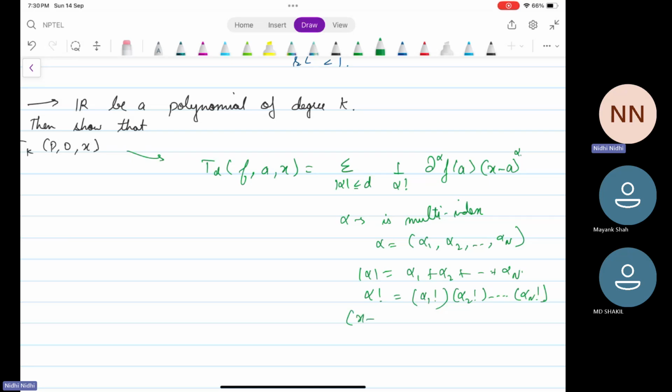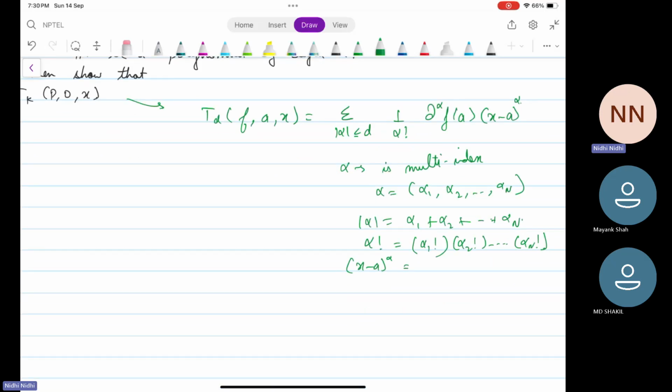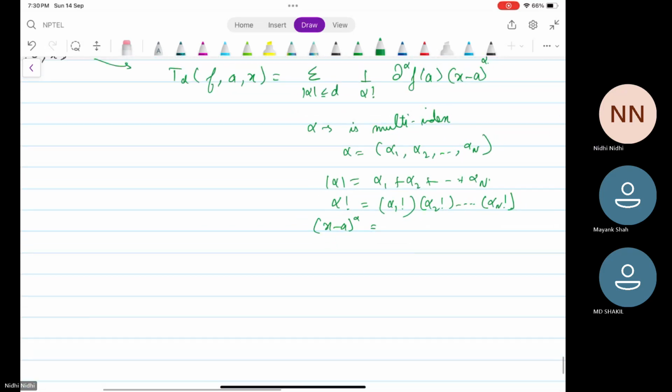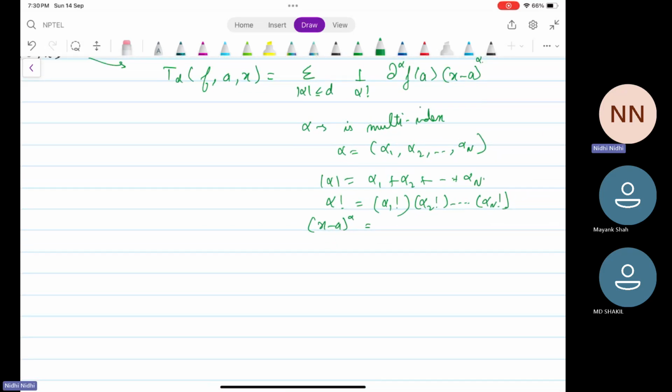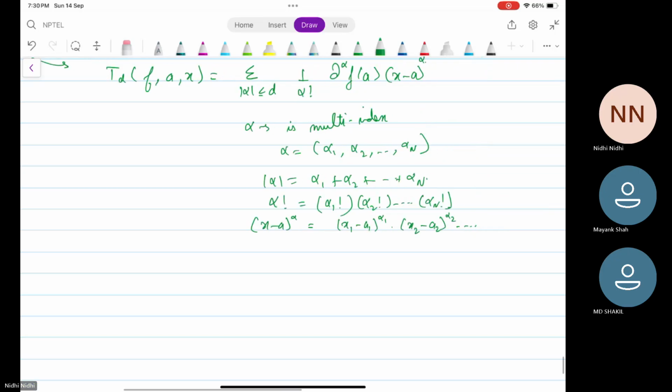Then (x minus a) to the power alpha means, since x is in Rn, x minus a is again an n-tuple, so we are just taking alpha 1 power of x1 minus a1, then alpha 2 power of x2 minus a2, and so on up to (xn minus an) to the power alpha n.